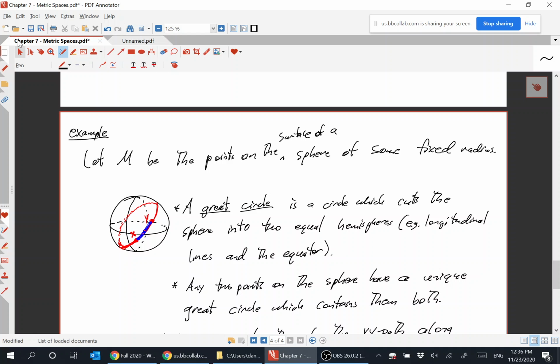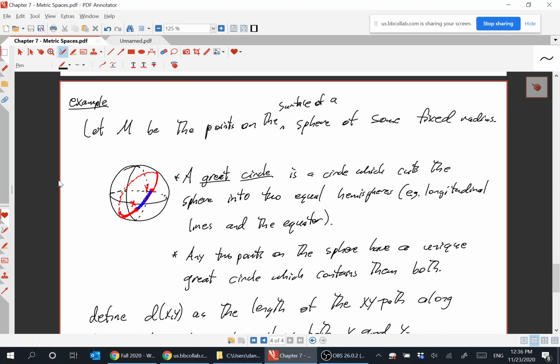Another example of a metric space. This is a very nice one because it's used all the time, but you never talk about it in school. By the way, if you're a math major, we do have an upper level course in geometry. There's no set syllabus for it, so depending on who teaches it, it'll be completely different subject matter.